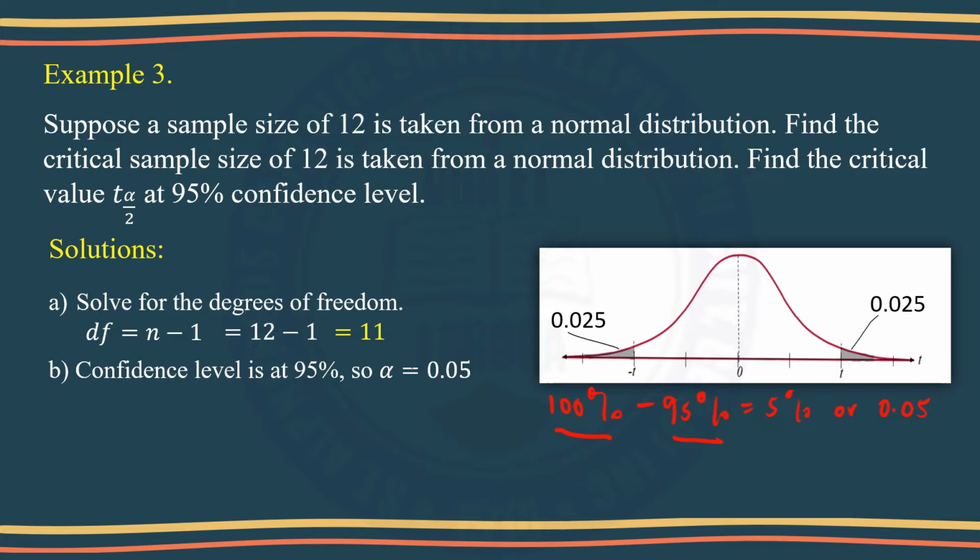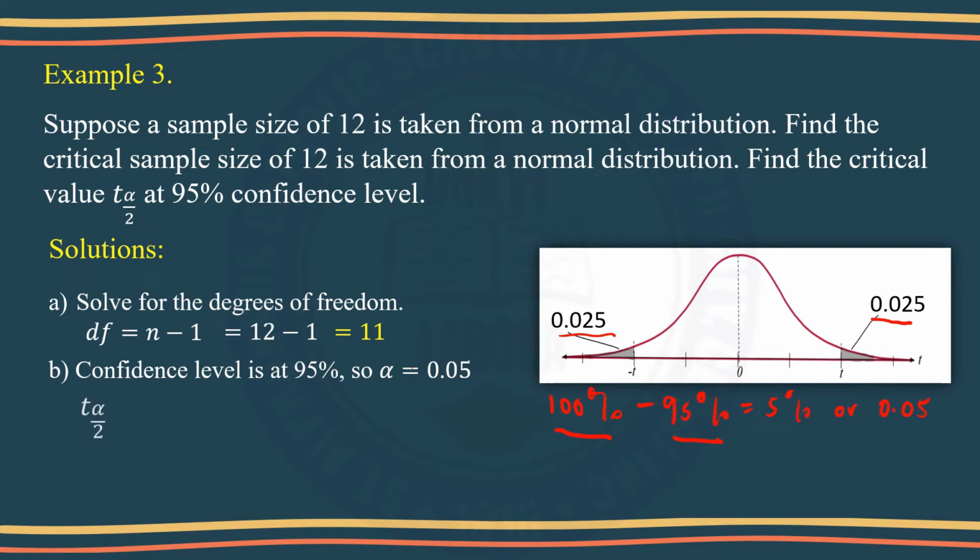So you might be asking me, what makes this area to the left equal to 0.025 and to the right of t, which is shaded, 0.025. Now, here is the reason.